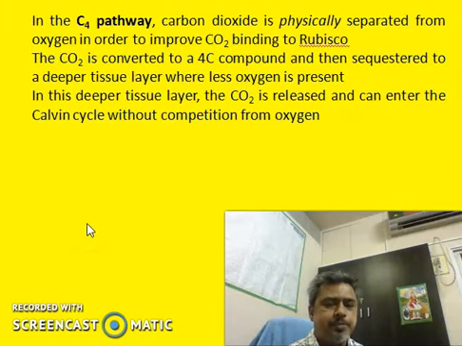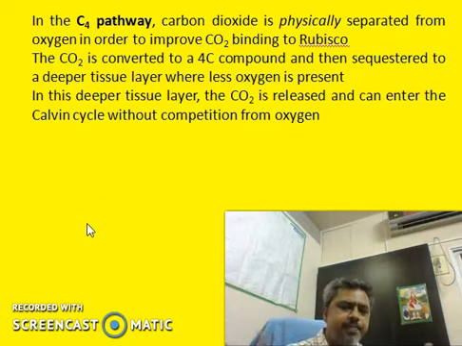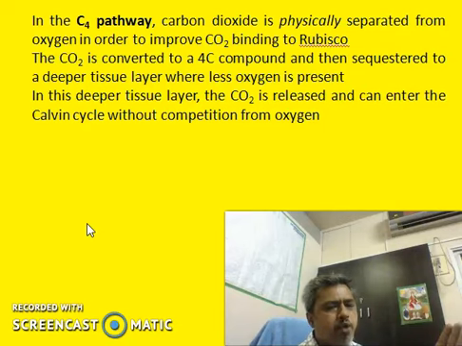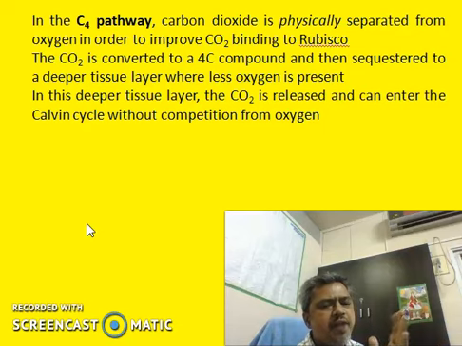In the C4 pathway, carbon dioxide is physically separated from the oxygen in order to improve CO2 binding to Rubisco. CO2 is converted to a 4-carbon compound and then sequestered to a deeper tissue layer where less oxygen is present.